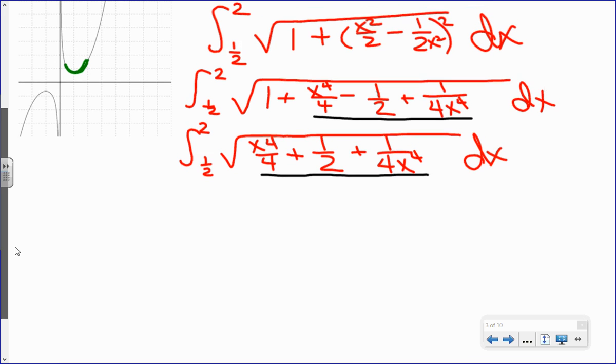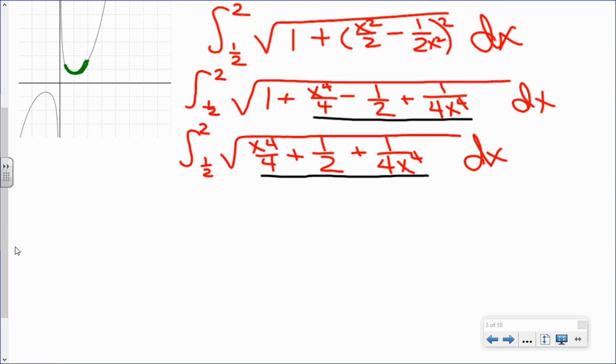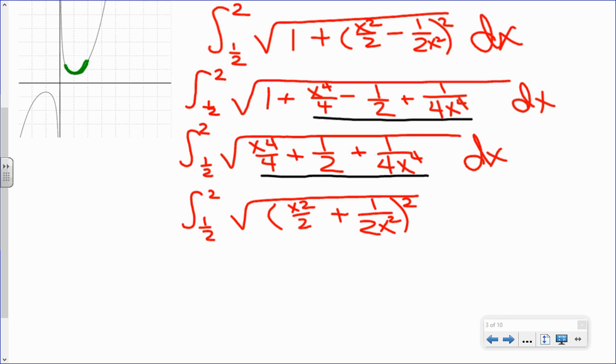Anything you notice about those 2 pieces? This middle term here is negative, here is positive. So I need you to be able to make the connection that we can factor this to x squared over 2 plus 1 over 2x squared, the quantity squared. Since we have the same pattern happening, except that middle term is now positive, we can factor it to just be the conjugate squared. Do you see that?